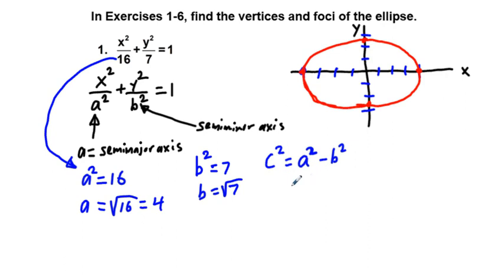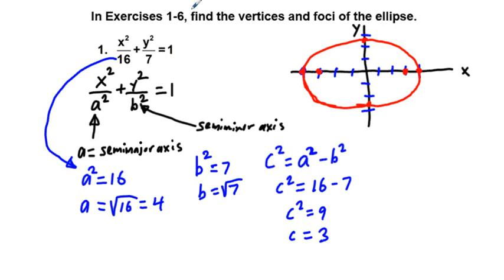We know a squared and b squared, so c squared is equal to 16 minus 7, so c squared equals 9, and therefore c is equal to the square root of 9, which is 3. It's actually plus or minus 3, since we're going to the left and the right. I'm going to draw the foci here in red. So there we have them.